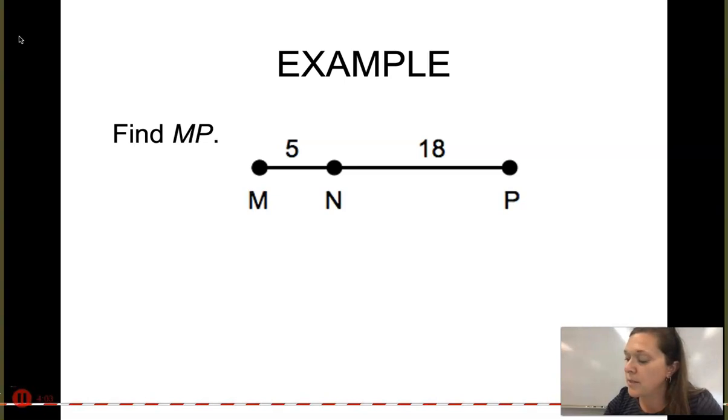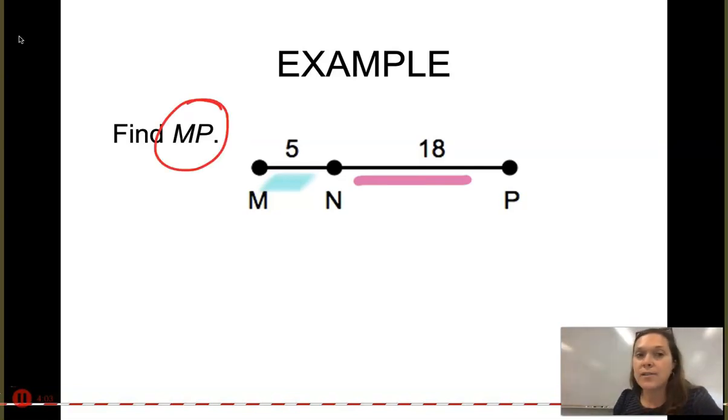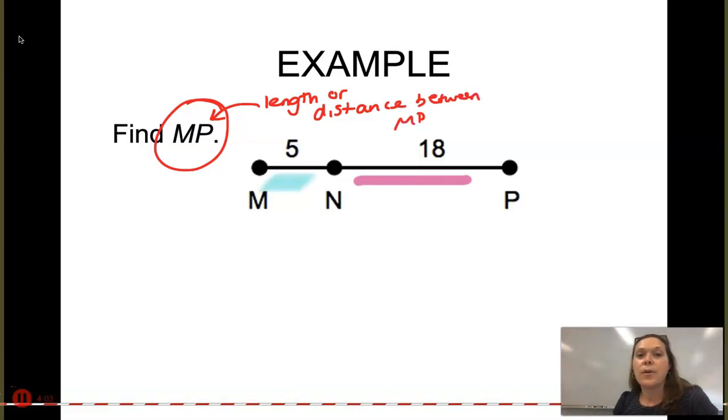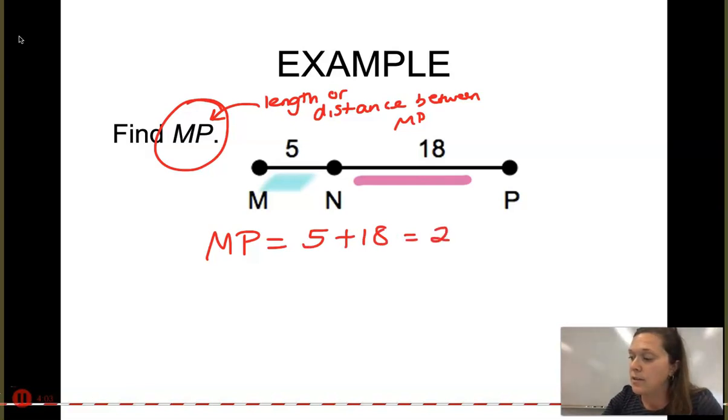Here we are told that from M to N is 5, from N to P is 18, and we're asked to find the distance between M and P. So from M to P would be equal to 5 plus 18, which is 23.